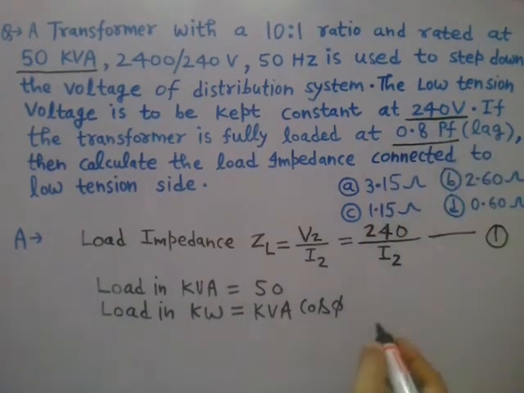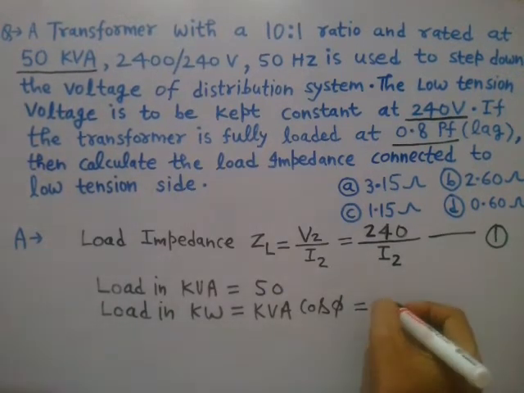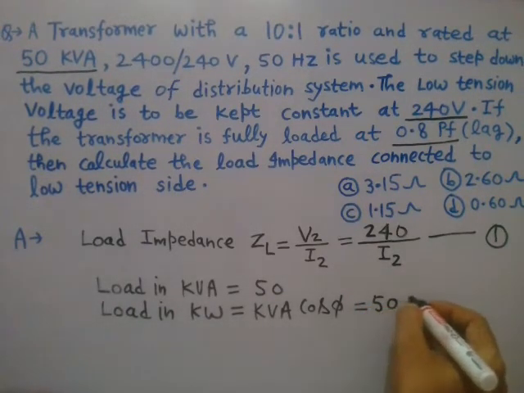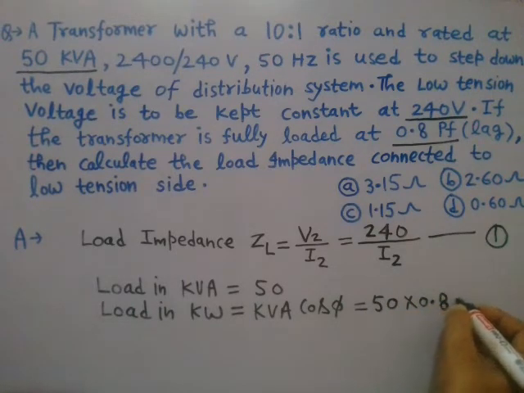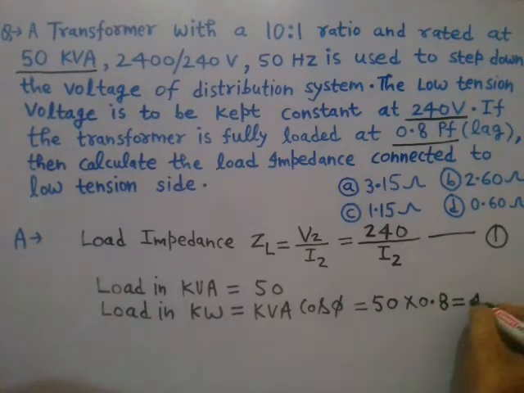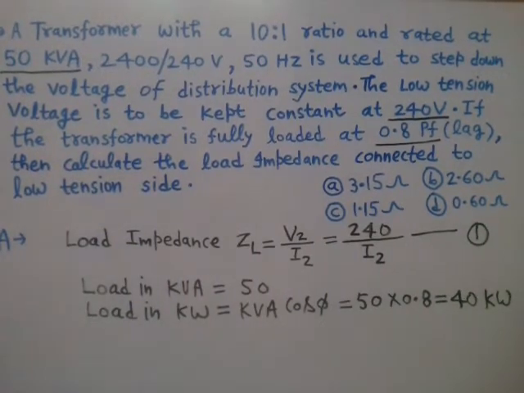So 50 into 0.8 comes out to be equal to 40 kilowatts.